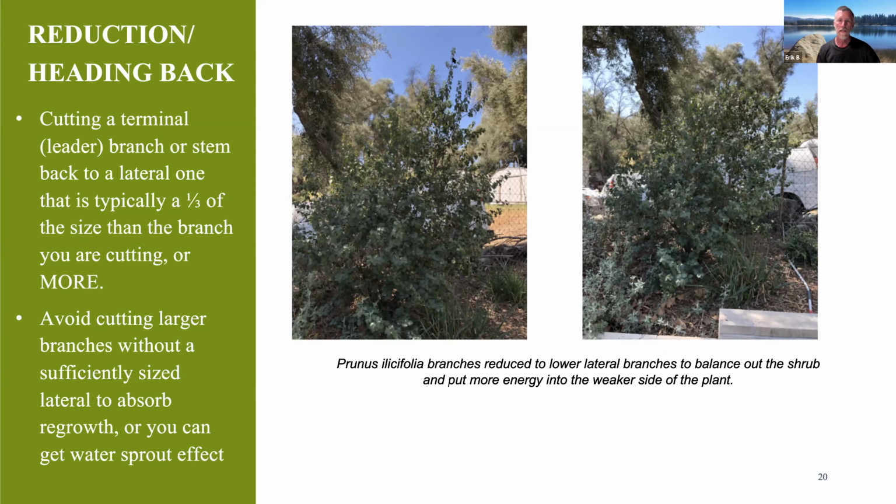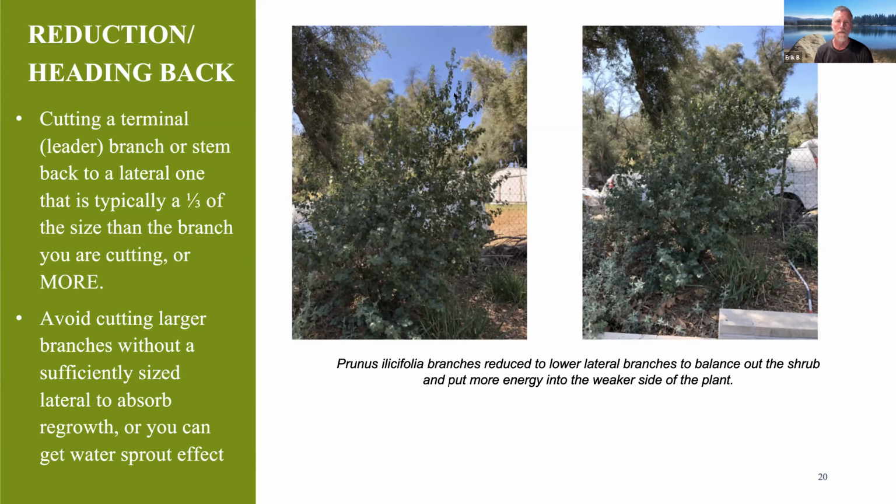So they took it back to a point where there was a lateral that could accept the growth. Again, I think pens on this would help for us to know exactly what we're looking at, but it looks like they took this section back and they took this back.